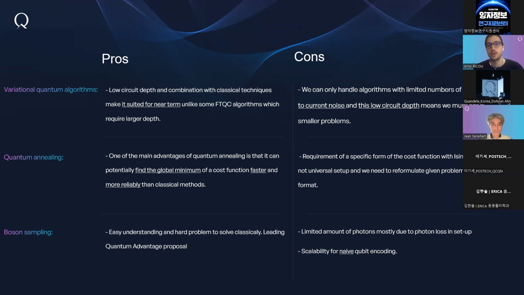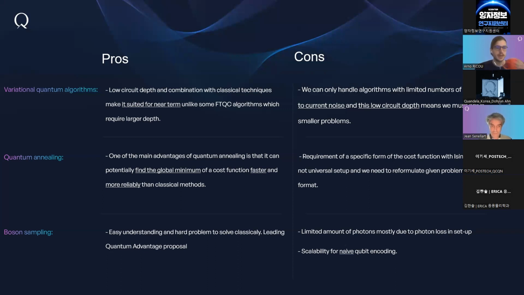They need a really long coherence time. Then the cons of variational algorithms is that we can only handle a limited number of qubits due to the current noise, and the fact that we have small circuit sizes and small depths means that you can also only tackle small instances of problems.